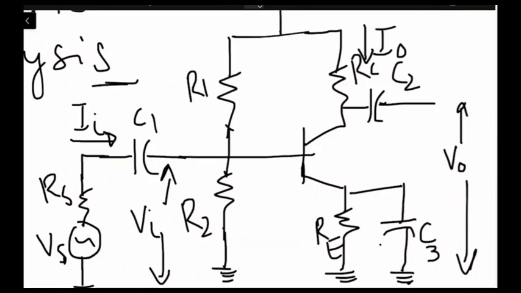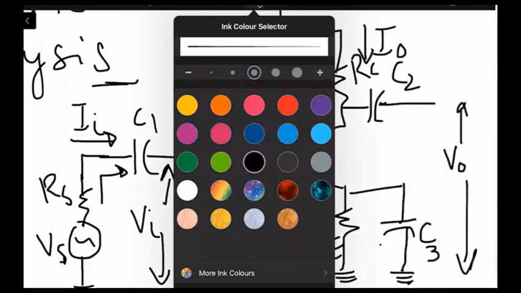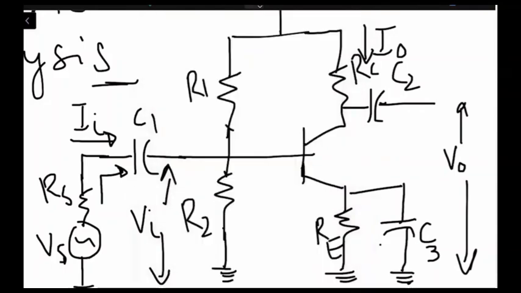Similarly, when looking from the input side, we have some input resistance which is normally called Zi, and when looking from the output side, we have some output resistance Z0.